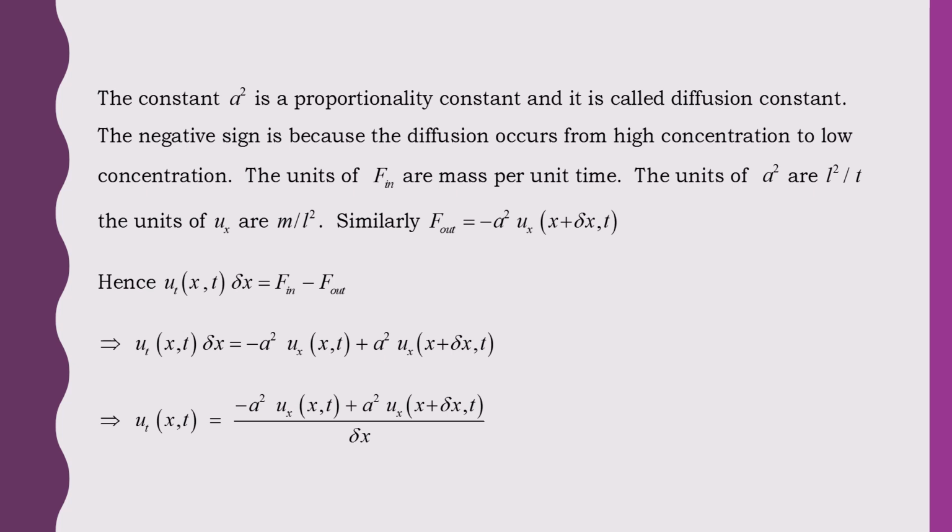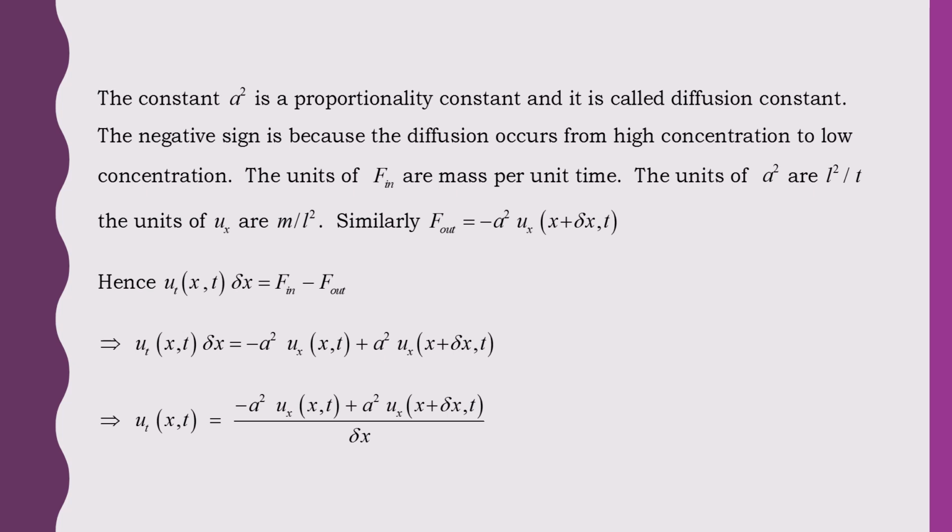It gives us u t of x comma t times delta x equals minus a square u x of x comma t minus of minus a square u x of x plus delta x comma t, that equals minus a square u x of x comma t plus a square u x of x plus delta x comma t.